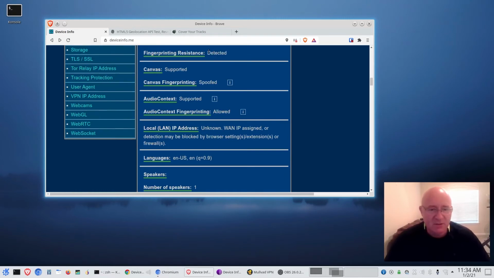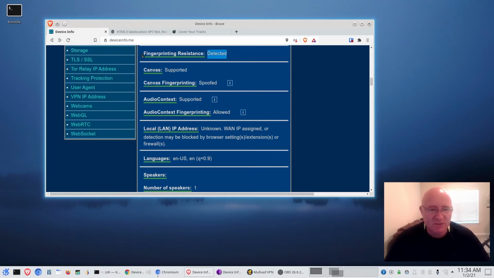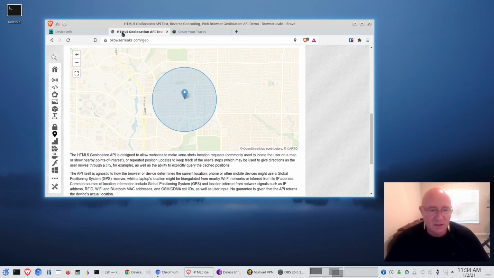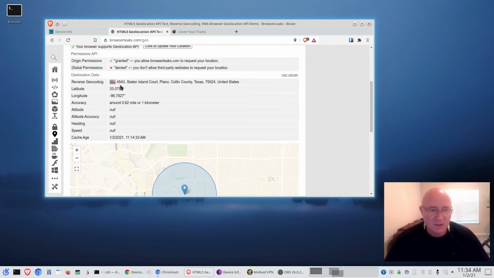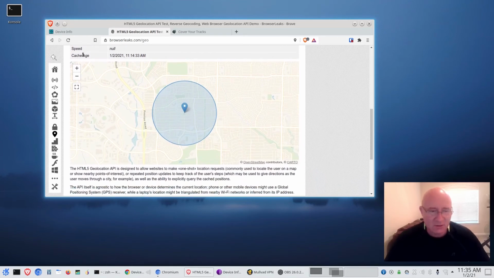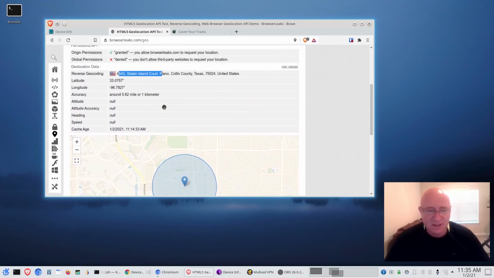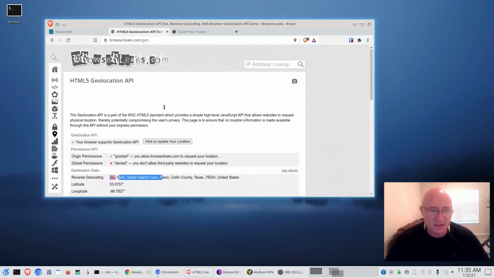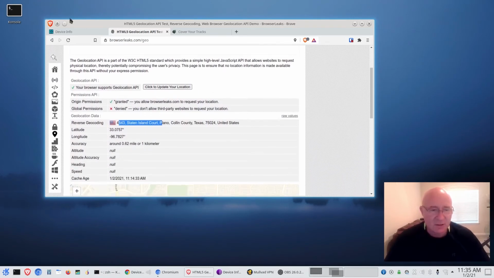But this one shows that fingerprint resistance is detected, so it knows that we're trying to resist fingerprinting. And now this one kind of gives an actual address, 4543 Staten Island Court in Plano as my location. And I know where Preston Road is. So again, this is not me, this is a VPN that I'm using.